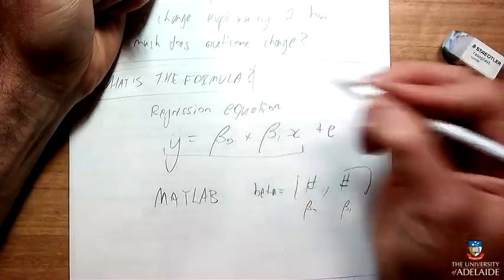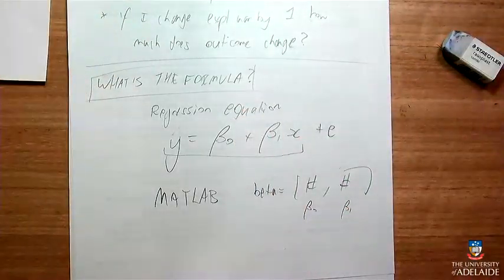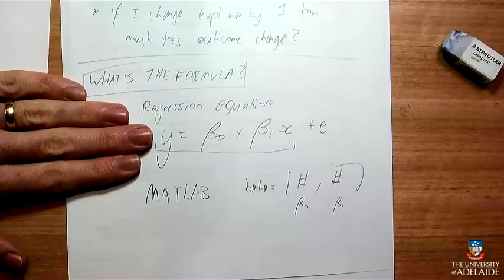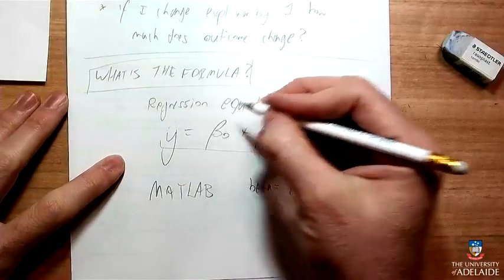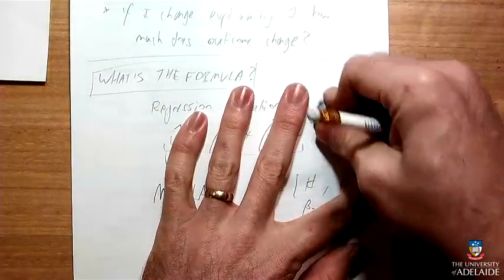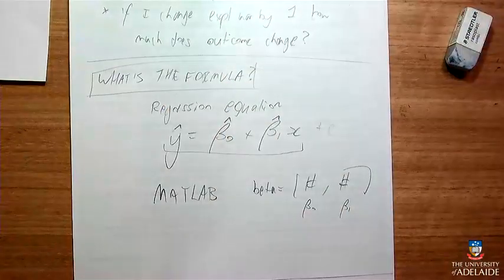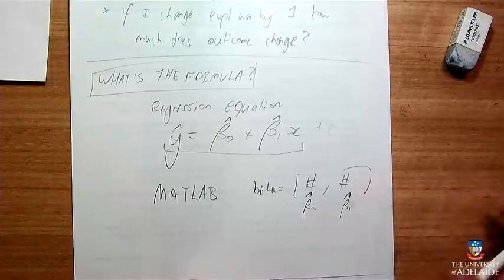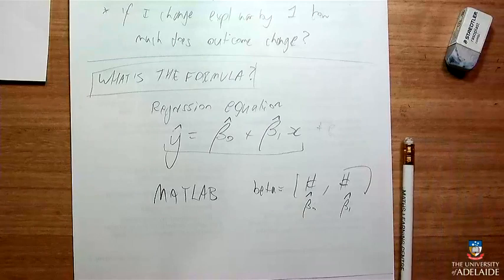There's a statistics course in every degree, and they're all different. All right. This is the model, and the regression equation has hats on it. The hat is there to say it's not necessarily the real beta naught that works for all possible objects.